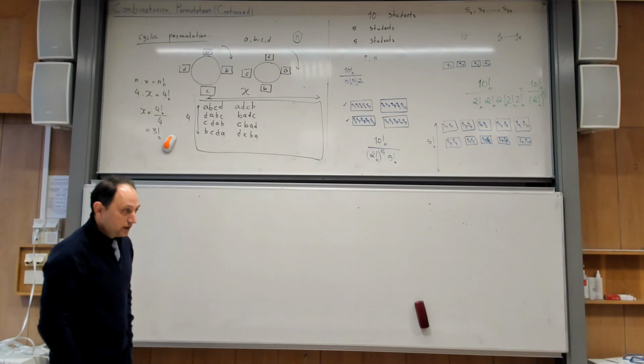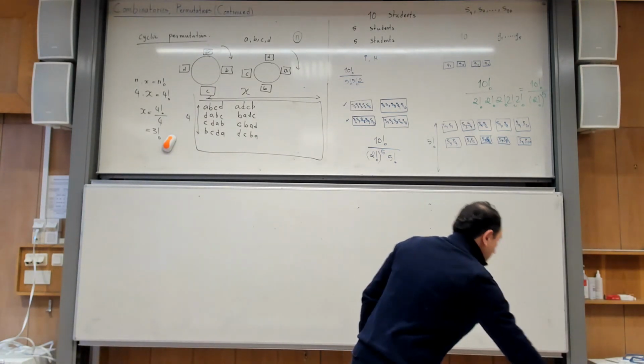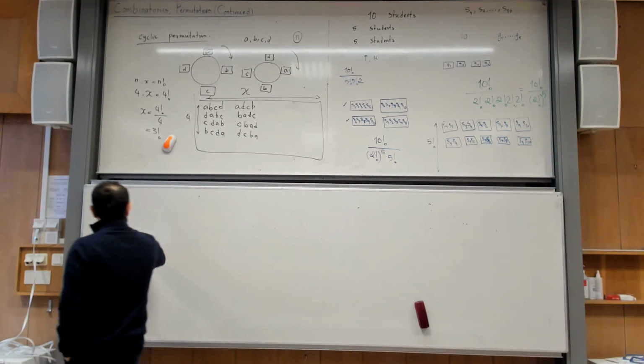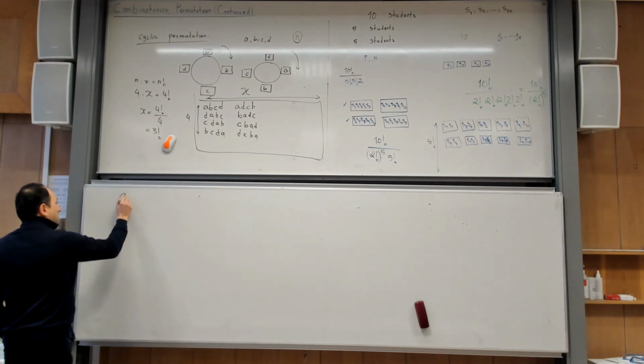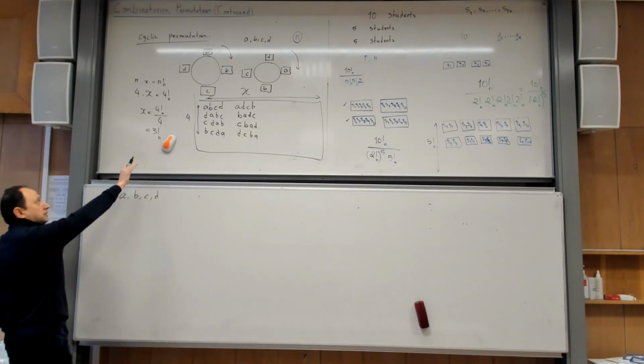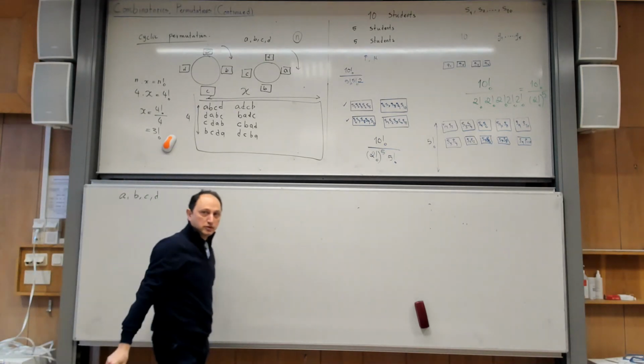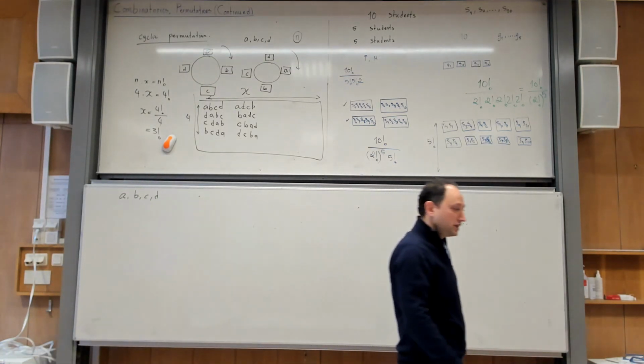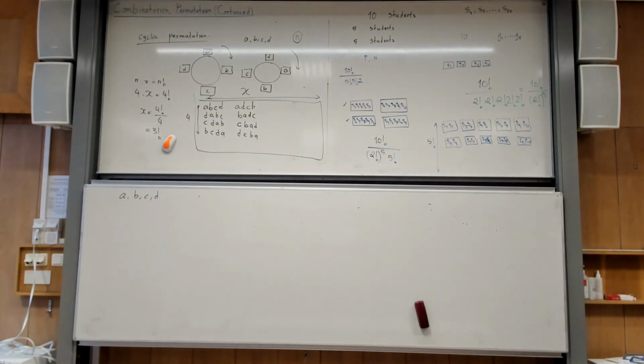Let me try to understand it by a simple example. I give you A, B, C, D. So now, completely forget about circular permutation. We are back to normal permutations. Yes, I have 4 distinct objects. If I ask you how many permutations are there, you would say 4 factorial.